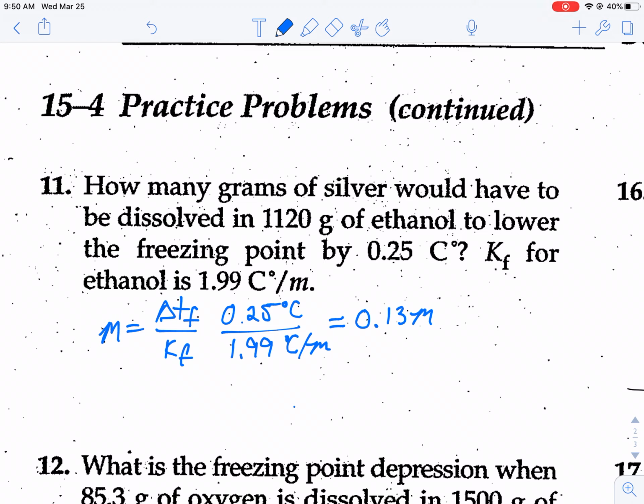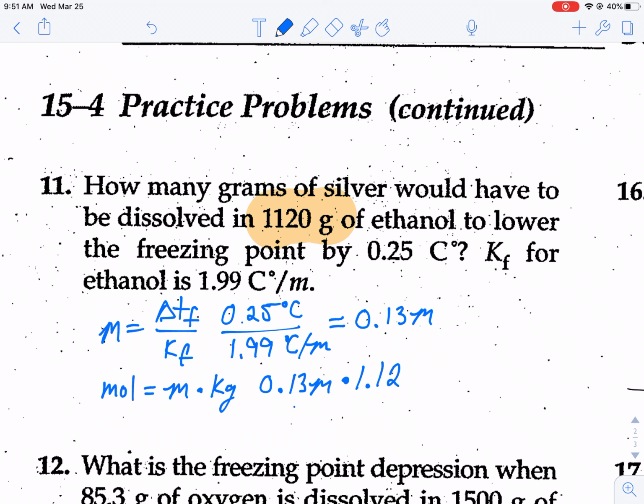Now, step 2 is to find the number of moles of solute, silver, using the molality that I just found. So moles, and I have to use the other triangle, is going to equal molality times the kilograms of the solvent. I just calculated my molality to be 0.13, and my kilograms of solvent is 1.12.